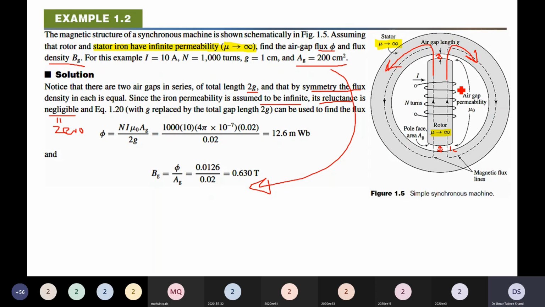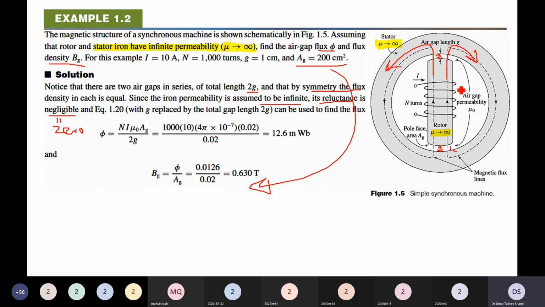The second conclusion is that the dominant reluctance is due to the air. The reluctance of the stator, the reluctance of the core, is very, very small, and we can sometimes ignore or negate the reluctance of the core.